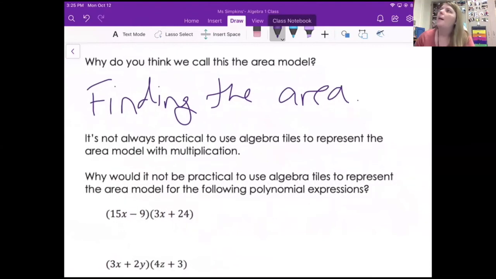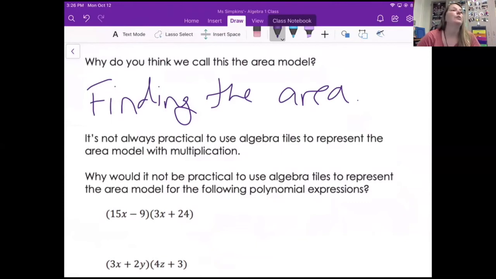Graham, why would it not be practical to use tiles to represent 15x minus 9 and 3x plus 24? Because it's what? Yeah, it takes a lot of time, especially when we have to multiply 24 times 9, which is like 216.